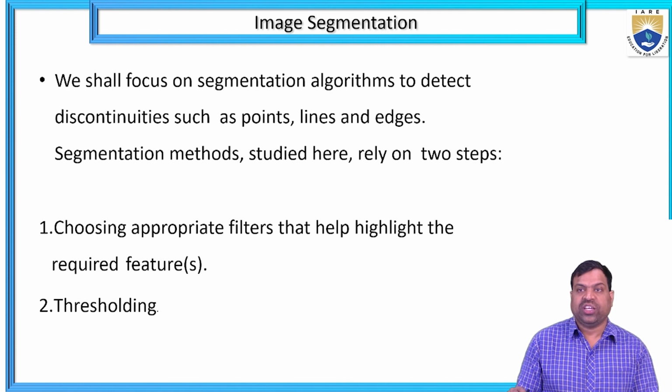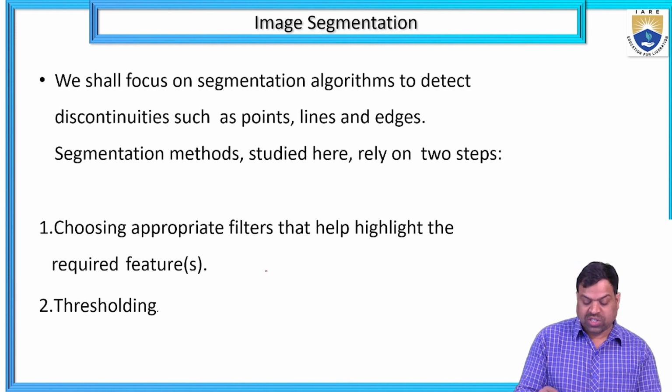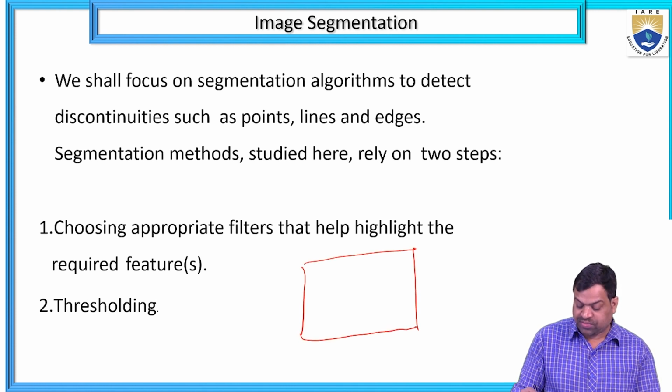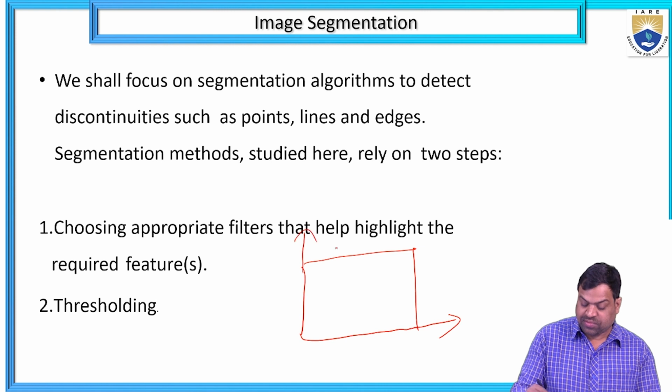Segmentation methods studied here rely on two steps: choosing appropriate filters that help highlight the required features, and thresholding. Suppose I'm taking one image, that is the x-axis and y-axis.